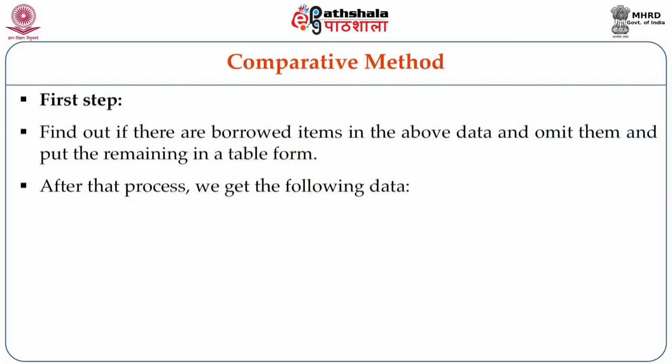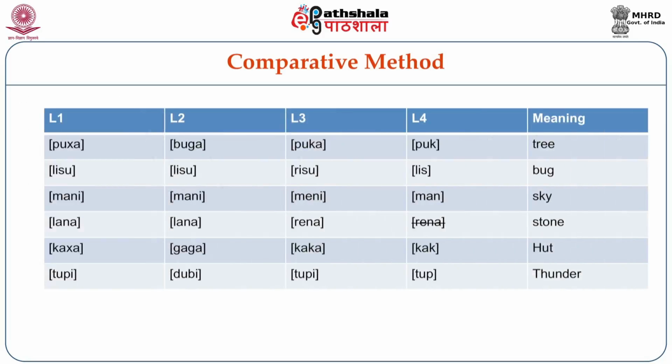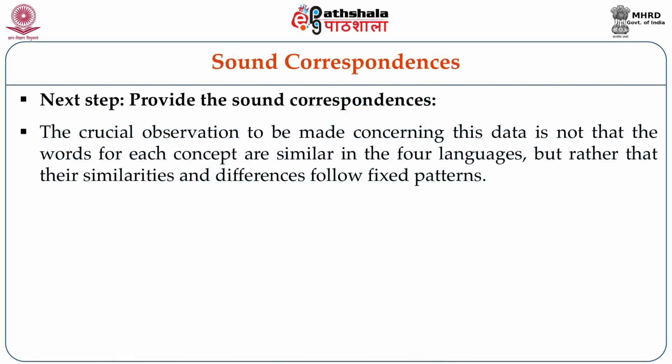So the first step, find out if there are borrowed items in this list. In fact, there are 2 words which are borrowed. Number 7 in L1 and number 4 in L4 are borrowed words, therefore we should eliminate them. Next step, provide the sound correspondences. The crucial observation to be made concerning this data is not that the words for each concept are similar in the 4 languages, but rather that their similarities and differences follow fixed patterns.